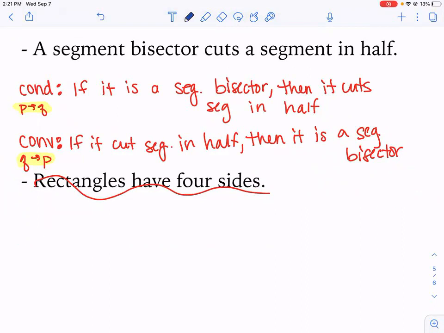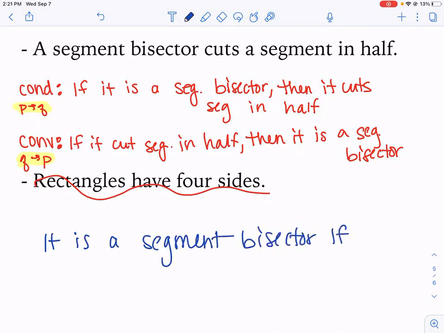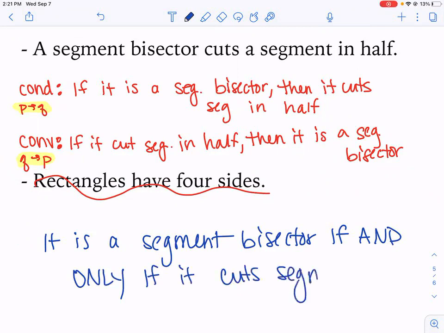It is a segment bisector if and only if it cuts the segment in half. We can read it forwards and backwards and it is still true.